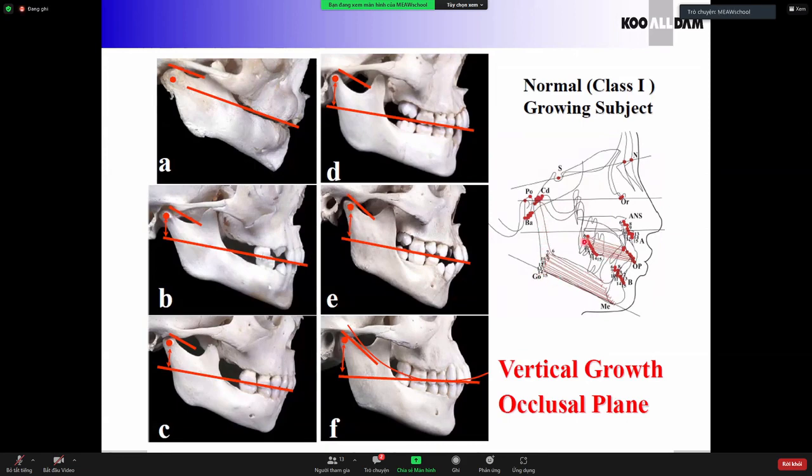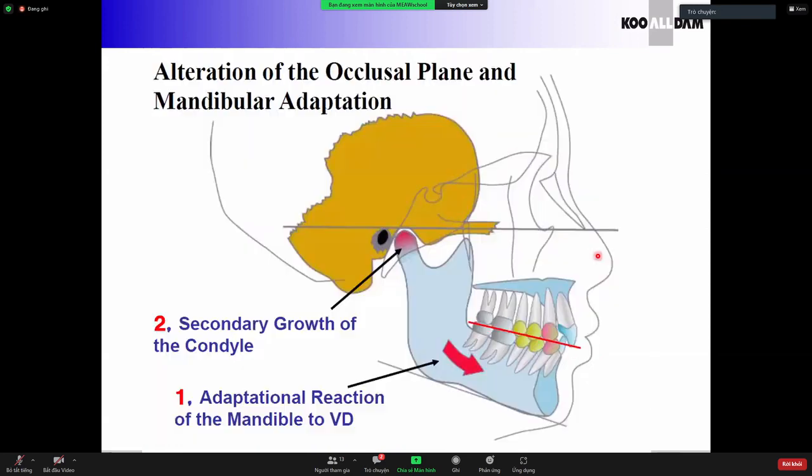How about the occlusal plane? The occlusal plane has a lower value. This means flat. So these are alterations of the occlusal plane and mandibular adaptation.